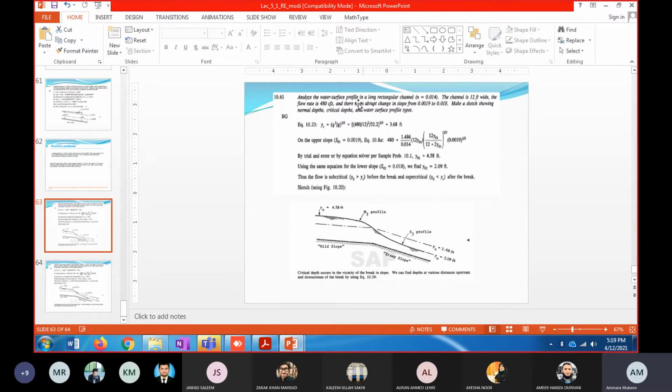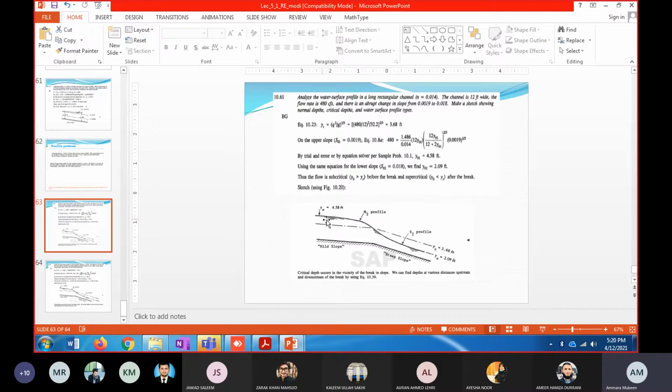So in the question they have asked you to draw the sketch also. And they also have given that there is an abrupt change in slope from this to this. Make a sketch showing normal depth, critical depth, and water surface profile type.